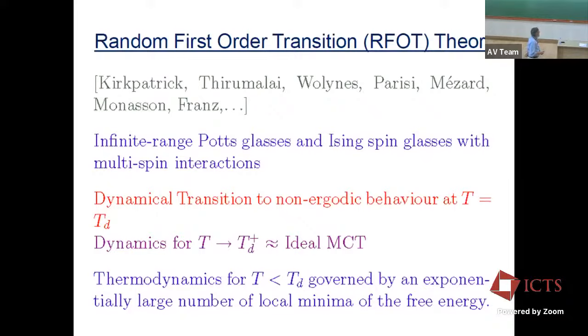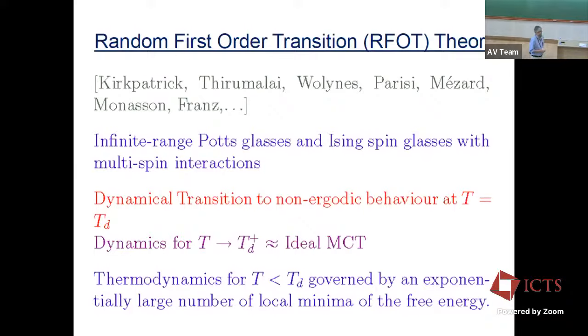So infinite range models, but instead of Ising spins, you can have Potts spins, where at each site, the variable, instead of having just 2 values, +1 or -1, can have 3 values or 4 values or whatever. So they're called 3-state or 4-state Potts models. Or you have Ising spin glasses with multi-spin interactions.